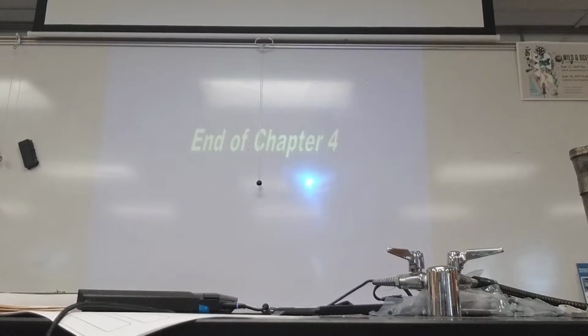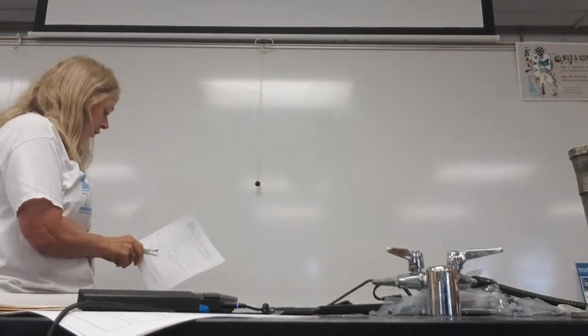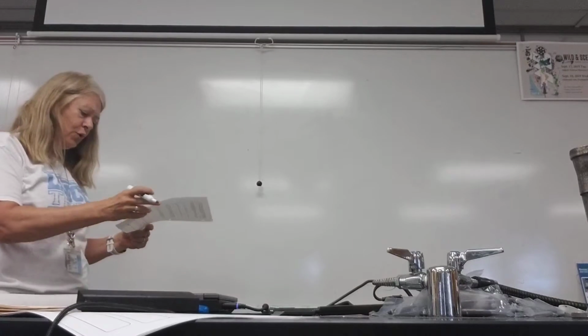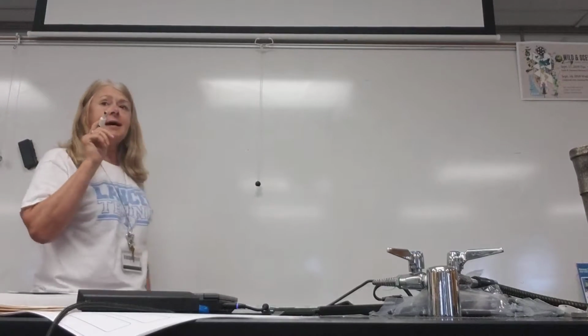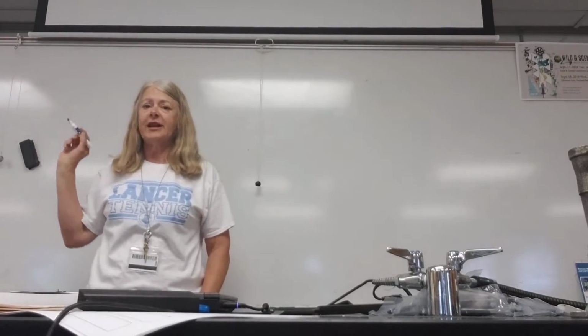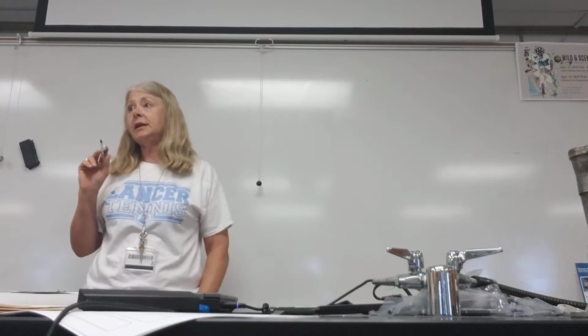Let me shut this off so it looks better on my screen. Question 12 says, I have two isotopes of nitrogen, nitrogen 14 and nitrogen 15. Look at the atomic mass, the weighted average for nitrogen on the periodic table. What is it going to be closer to? 14.